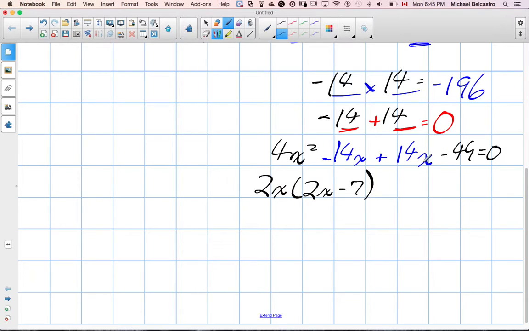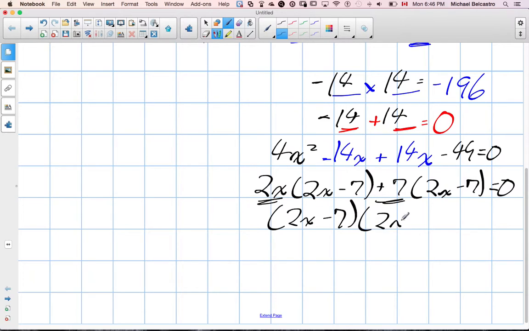And here, I can factor out positive 7, which would leave me with 2x minus 7. And if you recall, the two brackets are the same. So we have 2x minus 7, and then the leftovers are 2x plus 7.